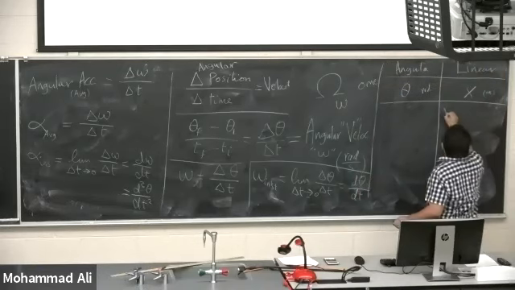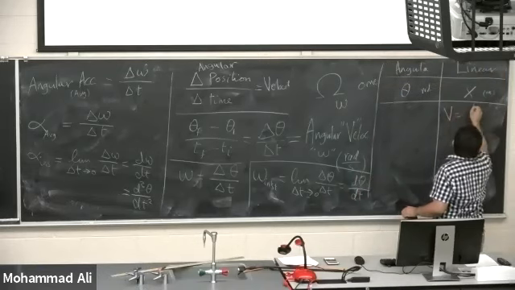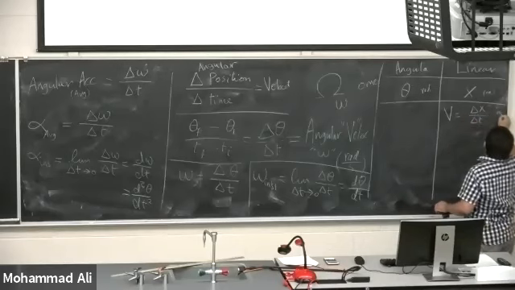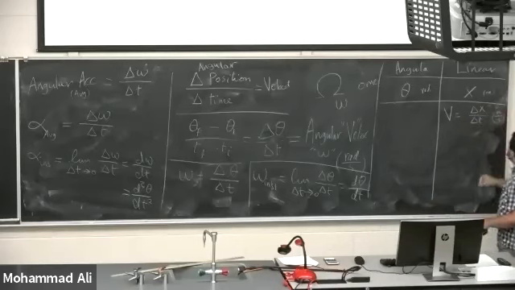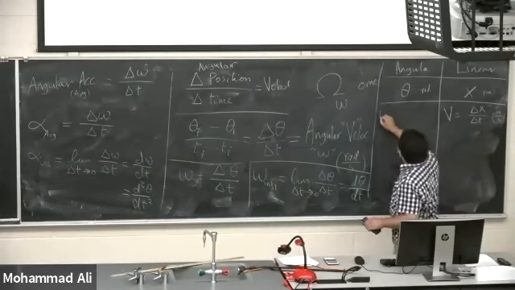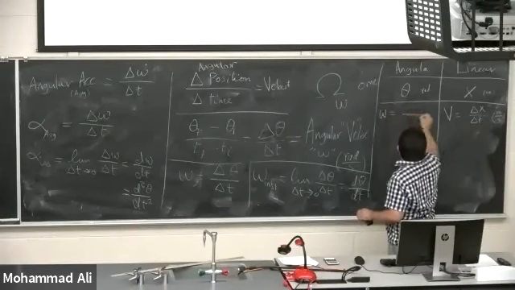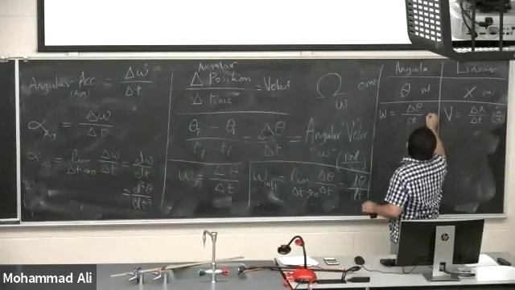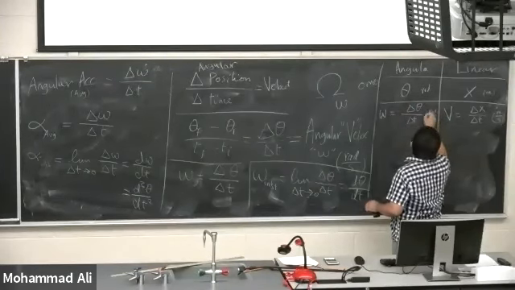The velocity is delta x over delta t. This was meter per second. But now the velocity omega is equal to delta theta over delta t, which is radians per second.